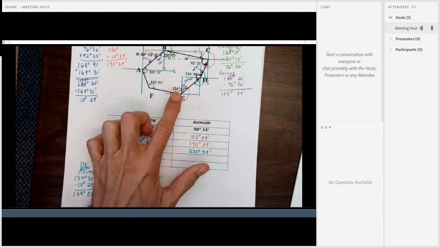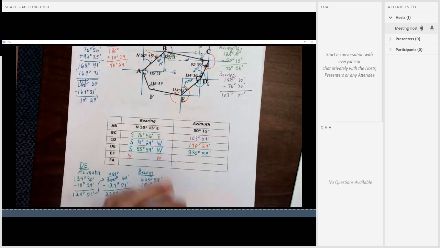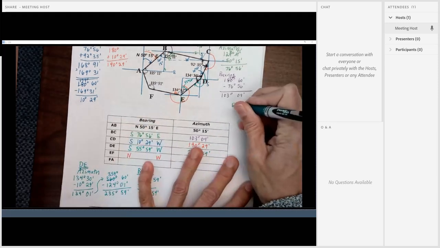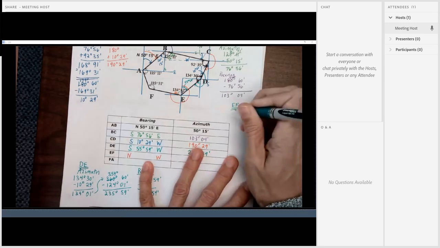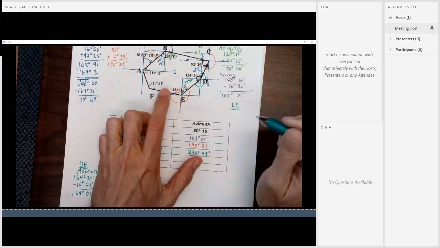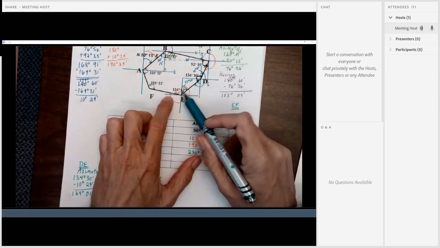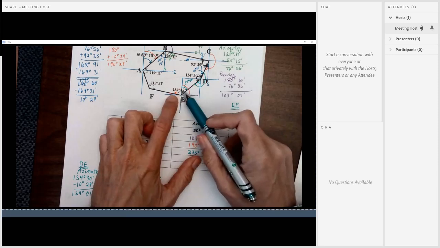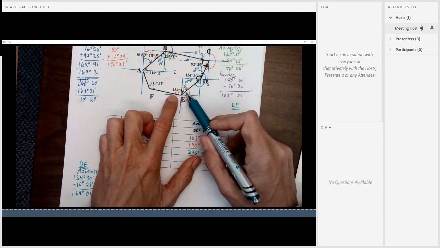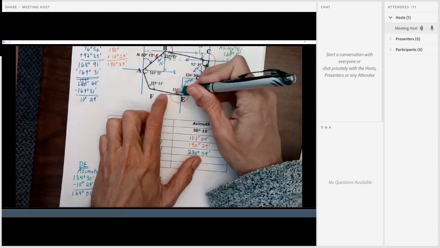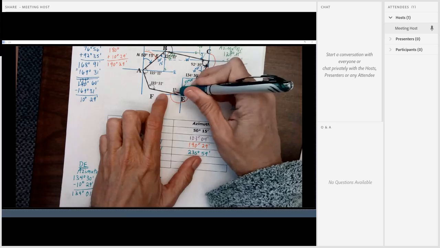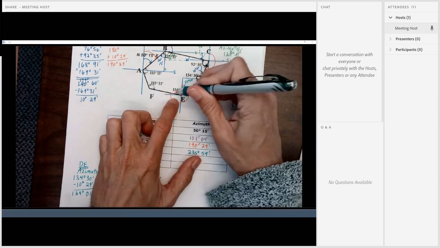And again, I can use a similar approach to what I used last time. So now I am at EF here. For EF, with that 134, 42 and 55, 59, I'm going to go ahead and subtract that 55, 59 from the 134, 42 so that I can figure out what this piece is right in there, and that will tell me that bearing.